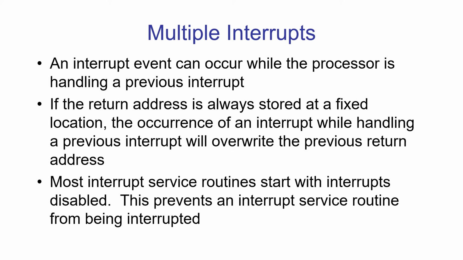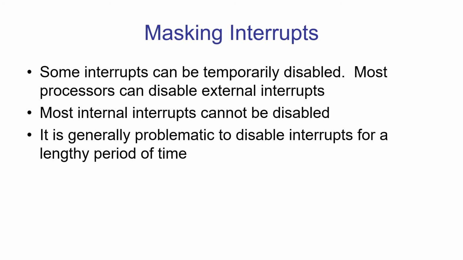Another way to do it is to disable interrupts. Most interrupt service routines start with interrupts disabled. That means that if an interrupt occurs, it will be queued or it will wait until the interrupts are then turned back on. This prevents interrupt service routines from being interrupted while they're processing. It is generally possible to disable interrupts or to keep them from occurring until the interrupts are turned back on.